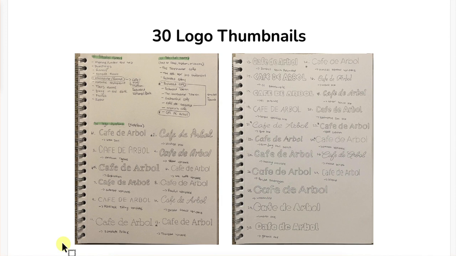Okay, so when you're doing logo exploration for the future, instead of just writing out the name and focusing on it just as like a nameplate, I recommend thinking more in terms of shape. So all of these are a horizontal logo with just the name, and that's it.